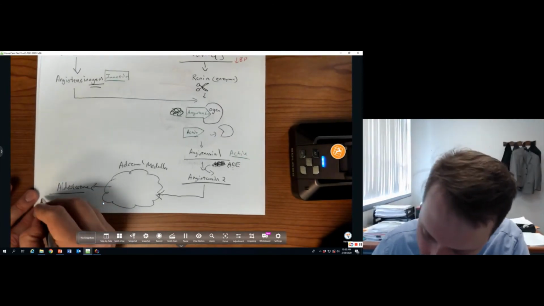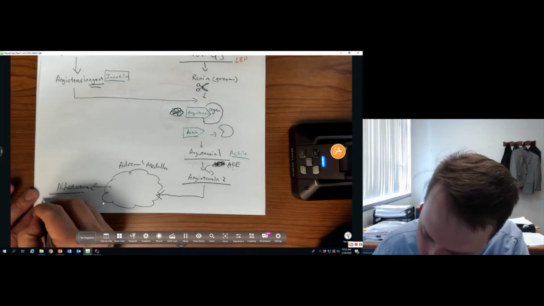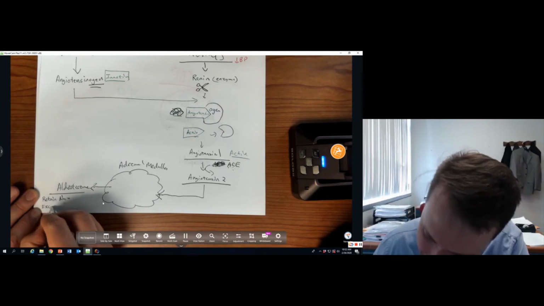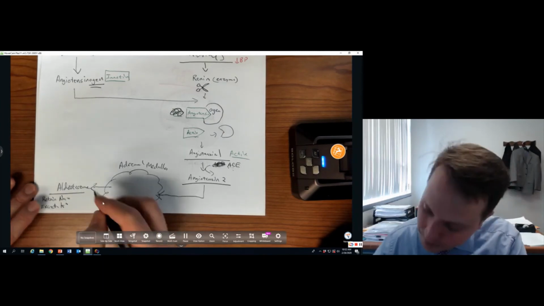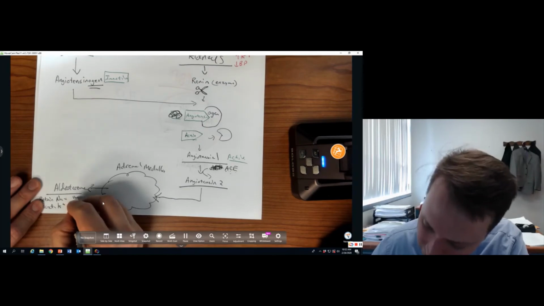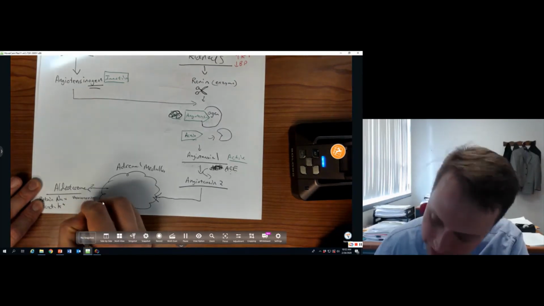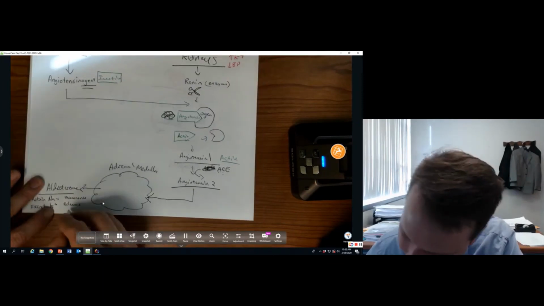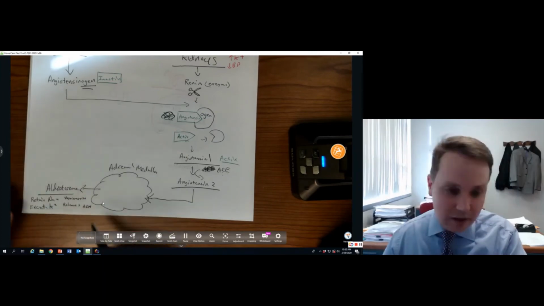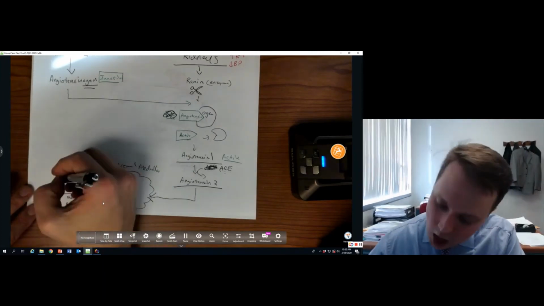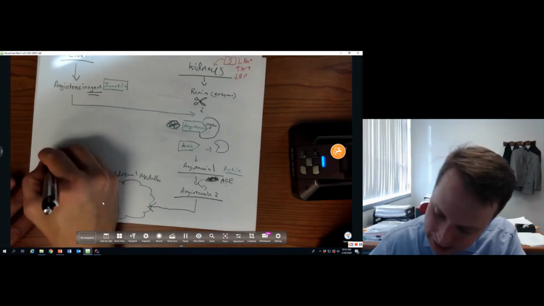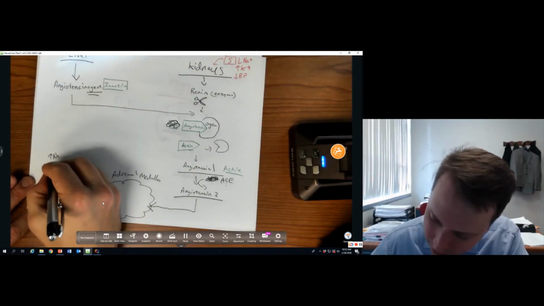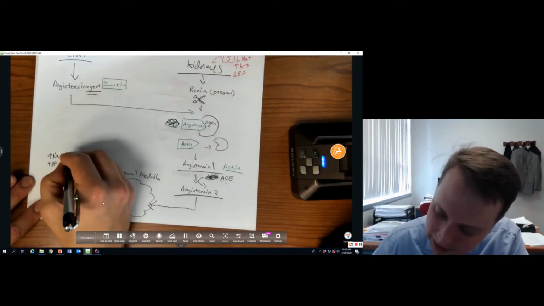Aldosterone will retain sodium, excrete potassium, vasoconstrict, and it also stimulates ADH release. And all of this will ultimately increase sodium, increase blood pressure, and decrease potassium.